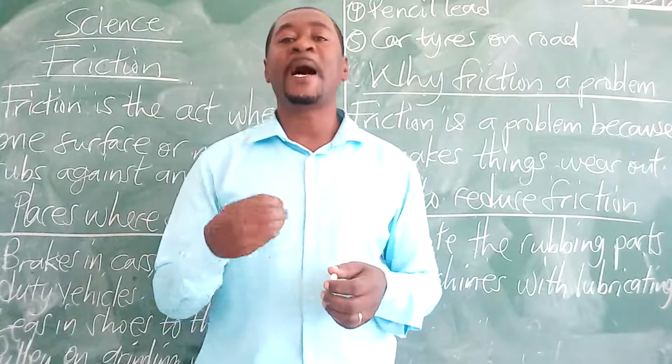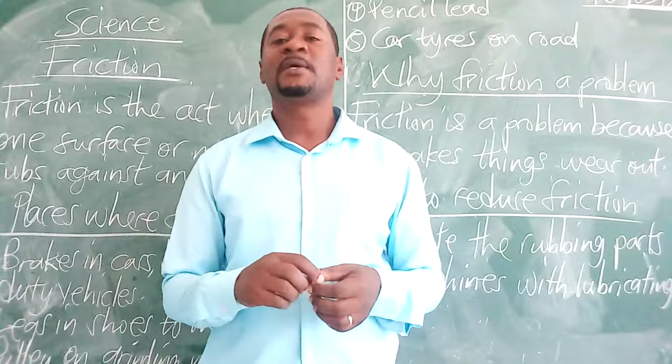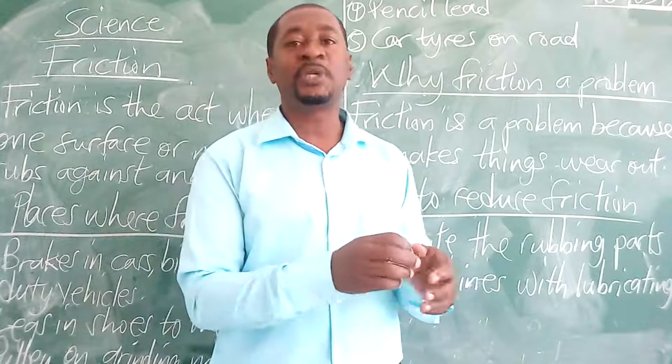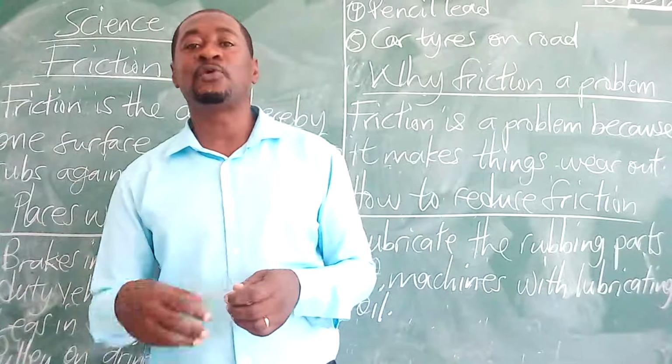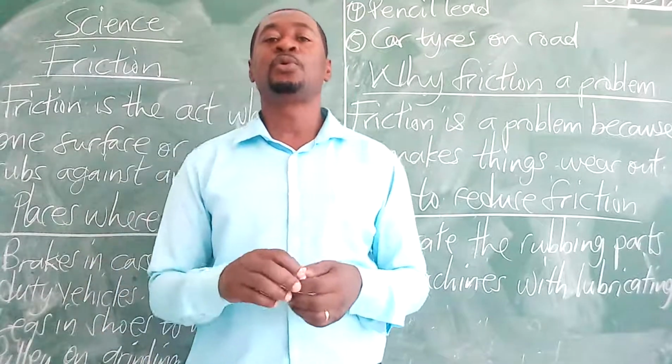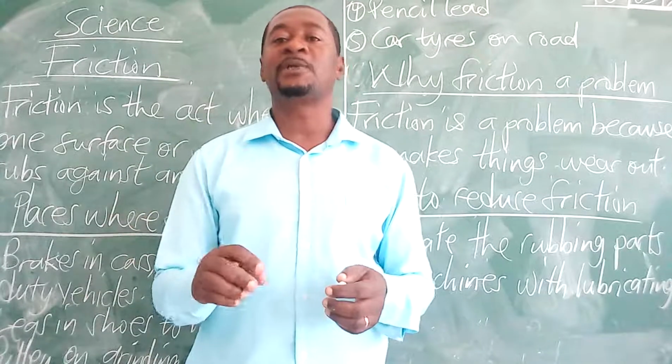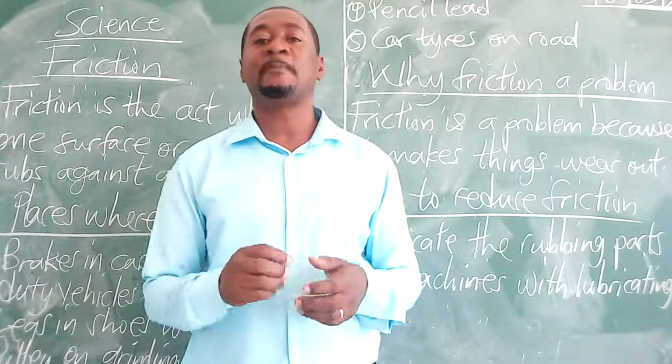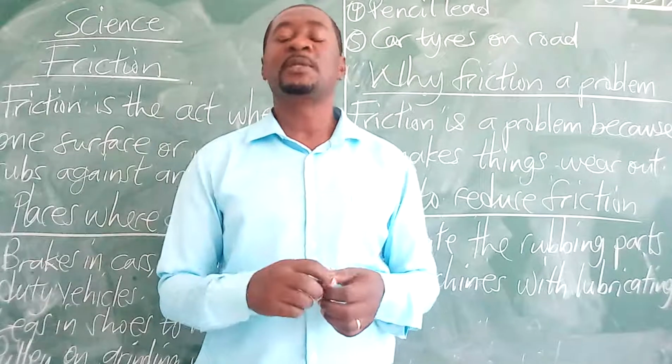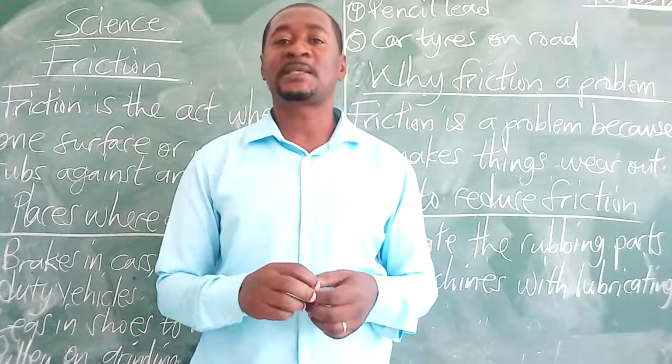Or even if you will buy the parts, it will not be so fast that you buy today, and the next day you buy another one. As you are applying the lubricating oil, it will take a long time for the part to be worn out. This is what friction does.